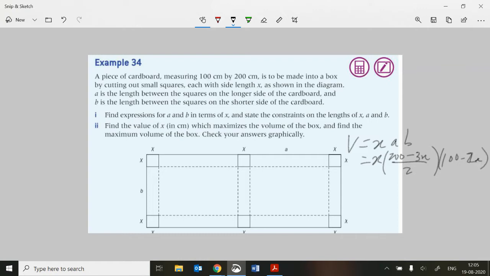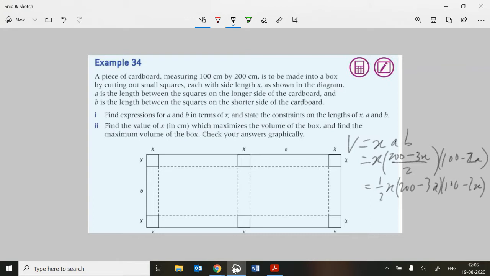Okay, and we can multiply those ones out, of course. We could multiply it out, or that might be a useful form as well. Perhaps just take out this half outside the front to start off with. So we've got x, half x, and 200 minus 3x, and 100 minus 2x there on the end as well.